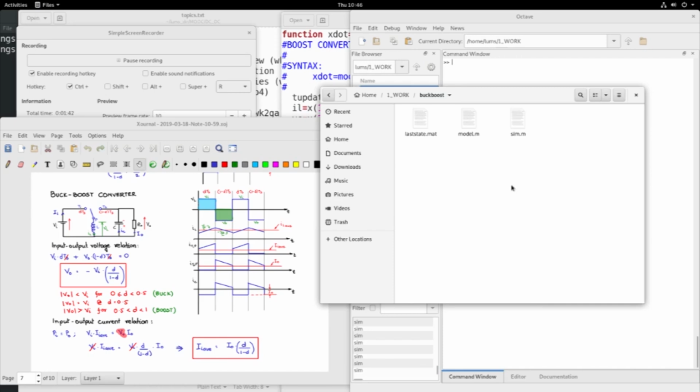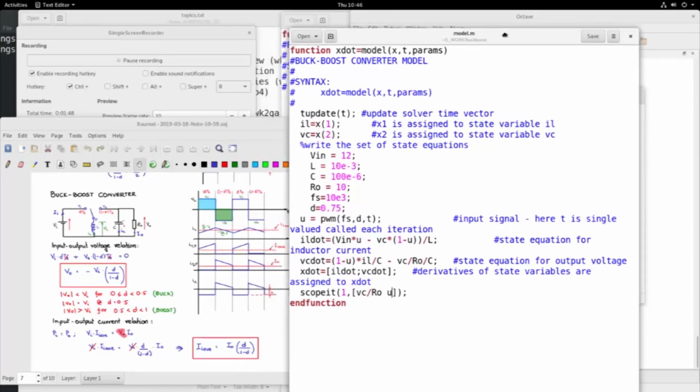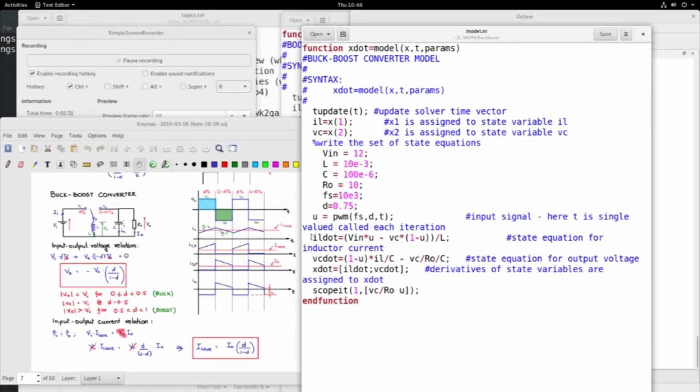Another primary converter, of course, is the buck boost converter. Let me open that also and see that the model here is in this fashion. L dIL by dt is the current through this L, and during the time when the switch is connected to T1, you will see it is V in.